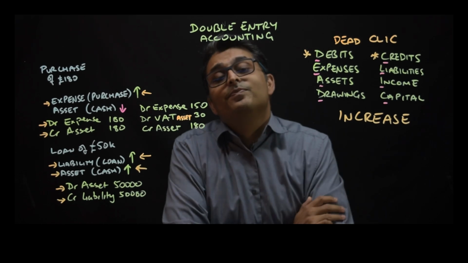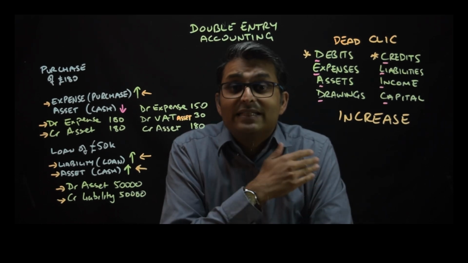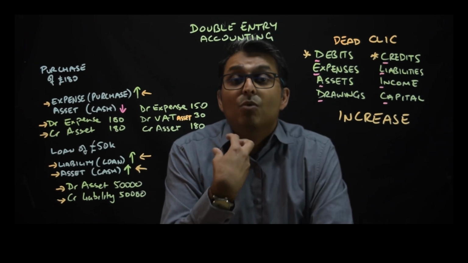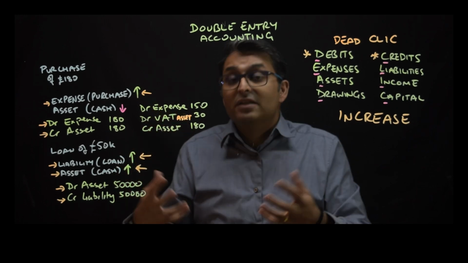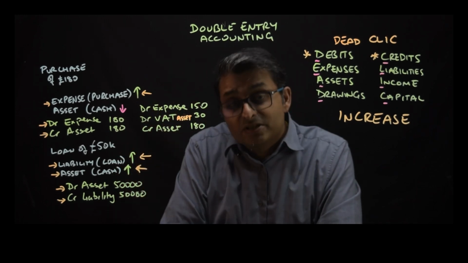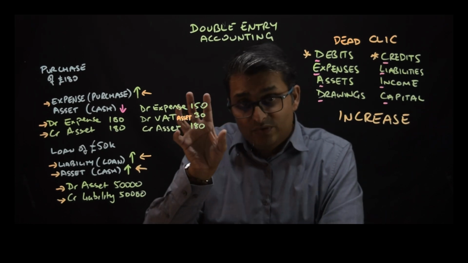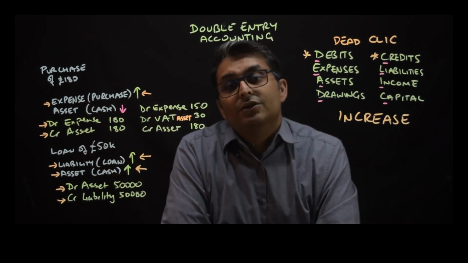And lastly, it makes preparing financial statements easier as it takes into consideration that each transaction has more than one effect. In reality, we only see one transaction, but behind that, the substance is that there are a number of things happening, and double entry accounting takes that into account.